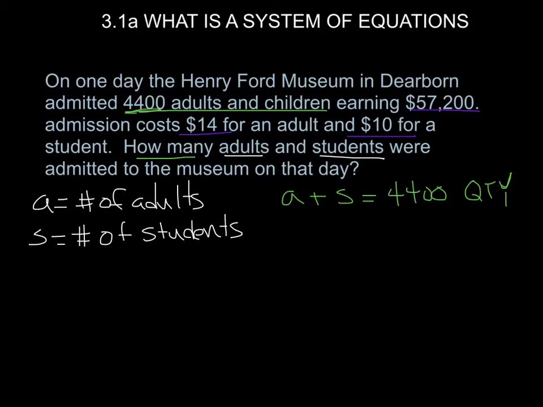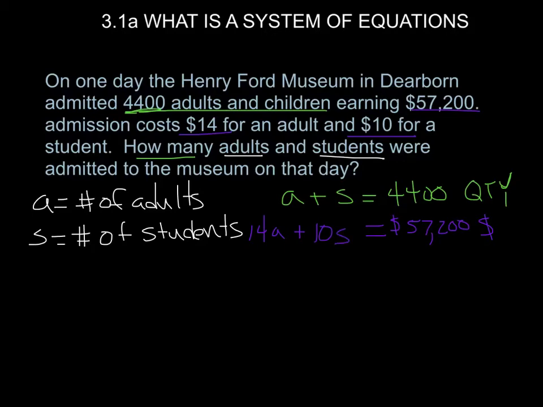Now the other aspect is money. So I'm going to write a second equation dealing with the money. Now it's still going to have the same A and S variable, the same number of adults and the number of students, but in this case I know the total amount of money raised was $57,200. The left side of this equation is a little bit trickier, but remember, adults are $14 and students are $10.